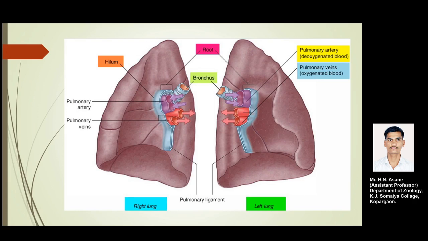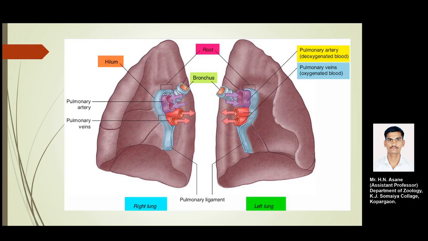That oxygenated blood is carried from the pulmonary veins towards the heart again. The pulmonary arteries carry the deoxygenated blood from the heart to the lungs to get oxygen supplies over there.